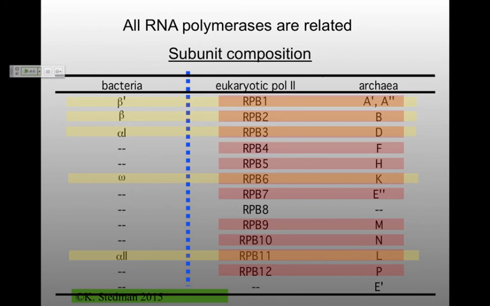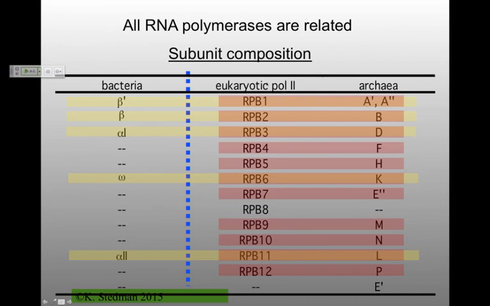Okay, the other column here, what's that? Strange thing over on the other side there. Archaea. It's the other major group of organisms, molecularly as different from bacteria as they are from eukarya. But curiously enough, if you look at their DNA-dependent RNA polymerases, they've got a whole bunch more subunits here.